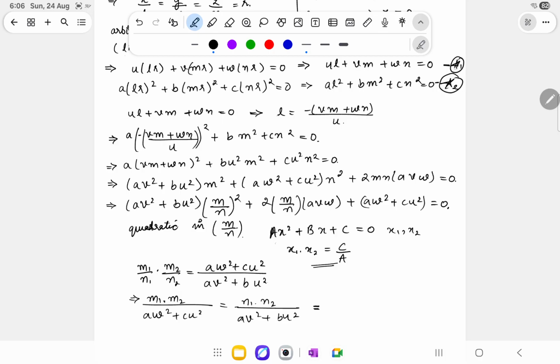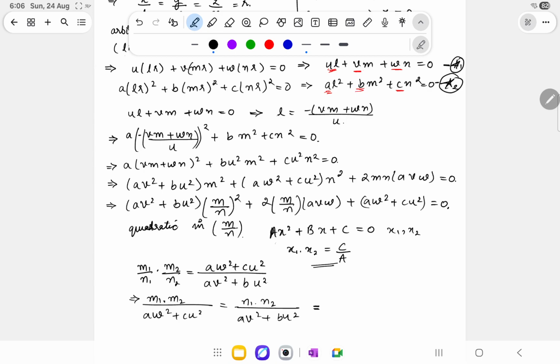So if you observe star 1 and star 2, you will see that the direction cosine product m1 into m2 is basically a into w square plus c into u square. Likewise, the direction cosine product n1 into n2 is basically a into v square plus b into u square.